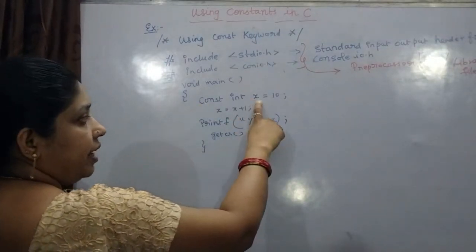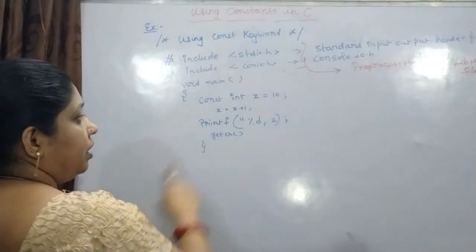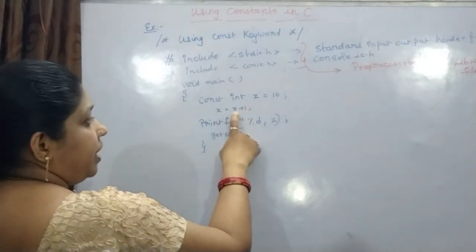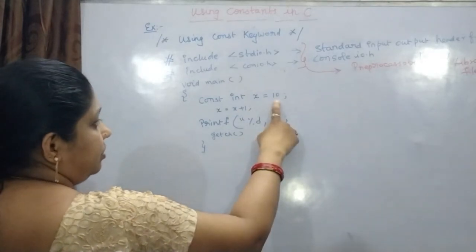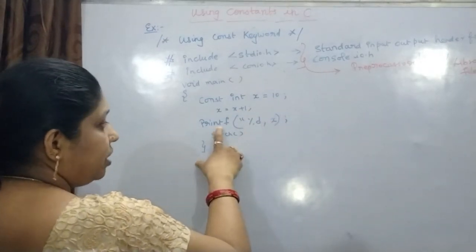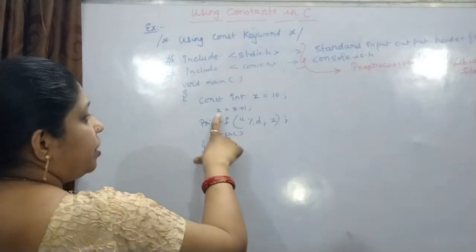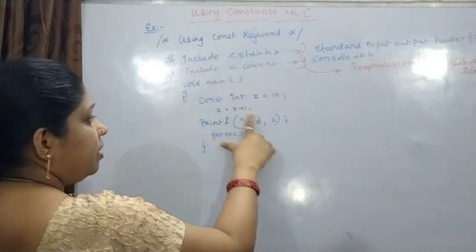Now I will tell you what's happening here. We have declared the constant x equal to 10, and I am adding 1 to that x, that means adding 1 to 10. Now I am asking to print that x value. So what is it going to print? 10 plus 1, 11.